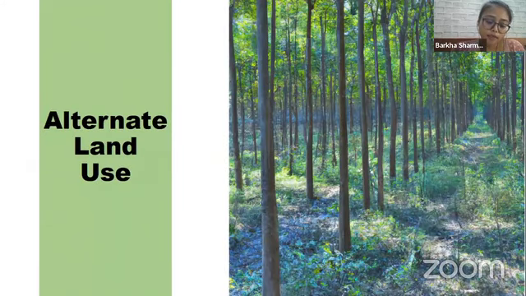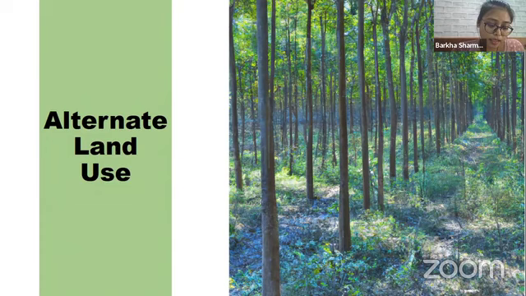Under the condition where the land has already been contaminated and food crops are not permitted to be cultivated, then alternate land use can be the solution, where man-made forest using high economic value crops and high transpiration rate plantation trees can be encouraged.